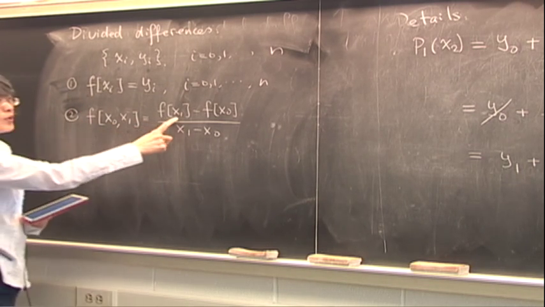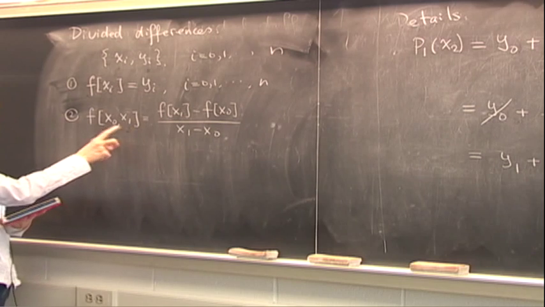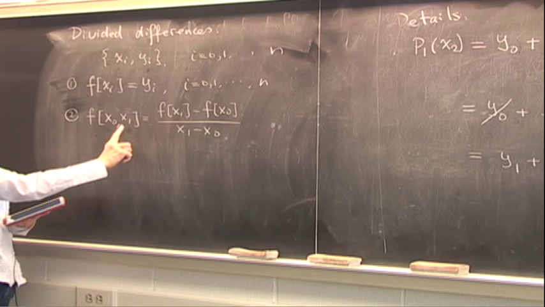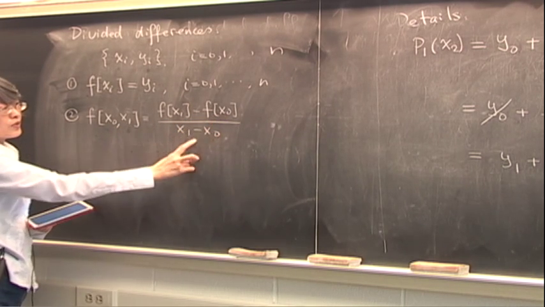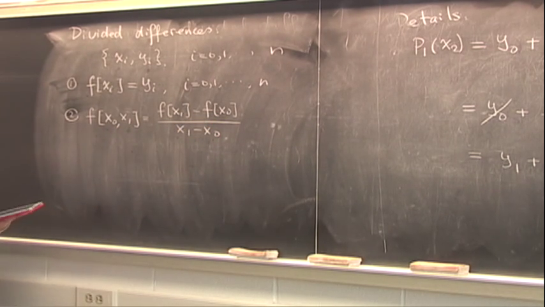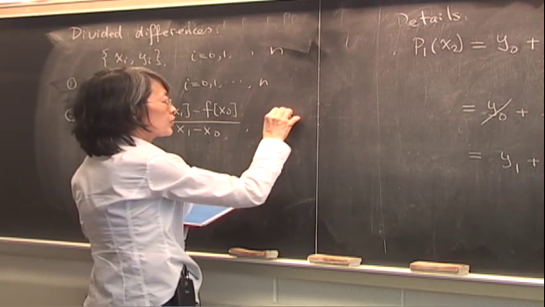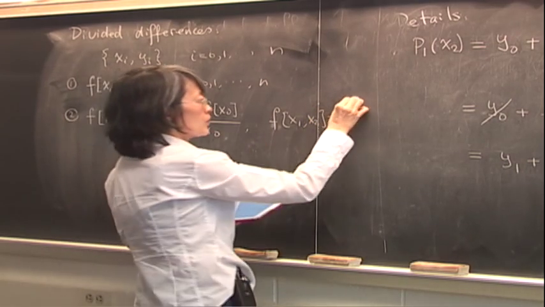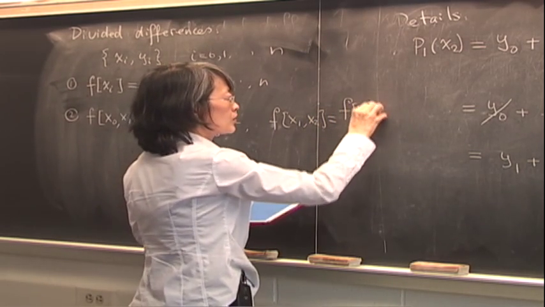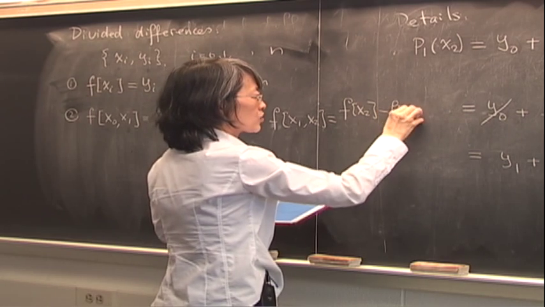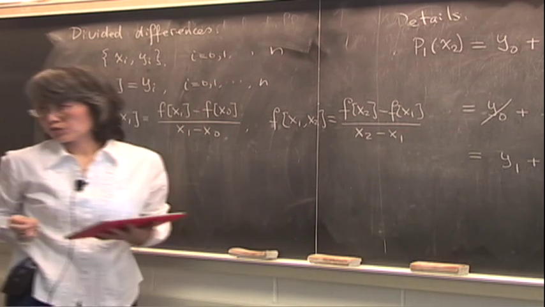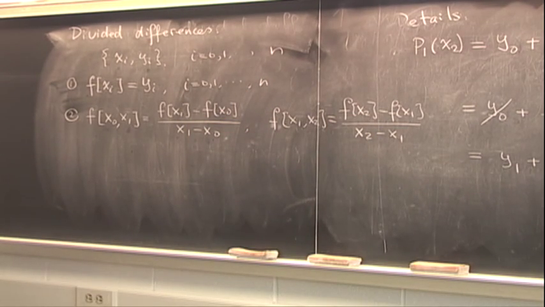Subtract the 2. These are always neighboring indices. You evaluate at x1 and then evaluate at x0 and subtract. Now if you want to compute f[x1, x2], this will be f at x2 minus f at x1 over x2 minus x1. Is it clear what you do at this level?